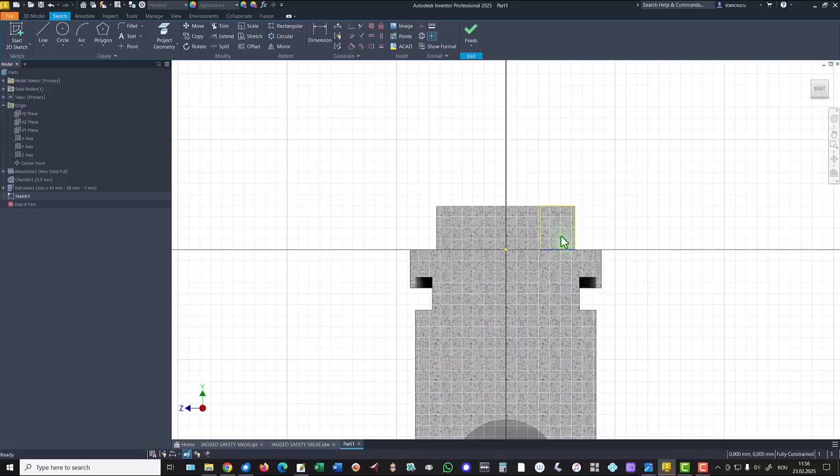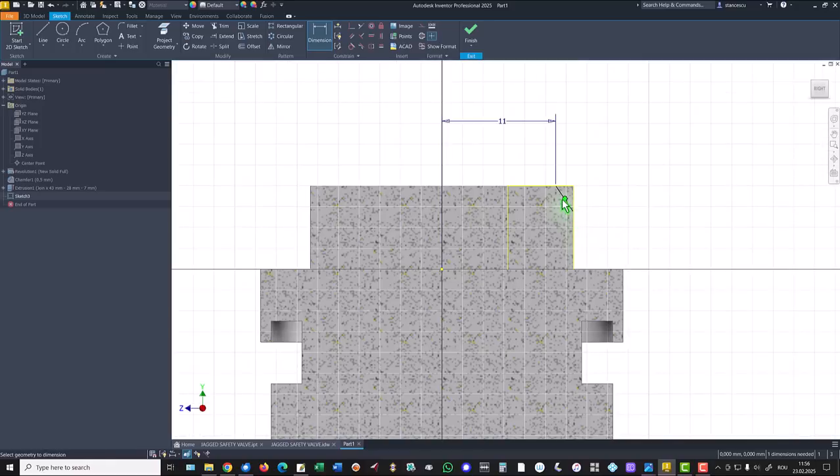I eliminate one of them and I draw a line here. This distance is 22 divided by 2, and this angle is 30 degrees.